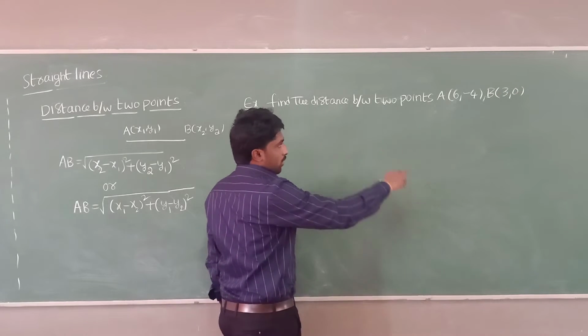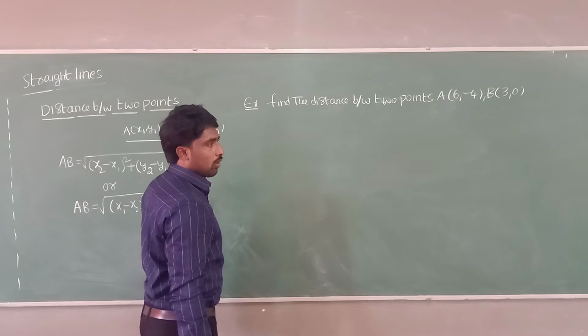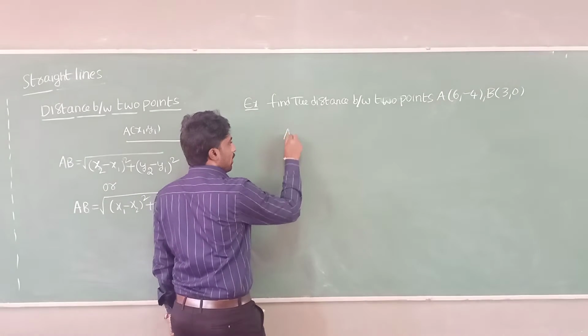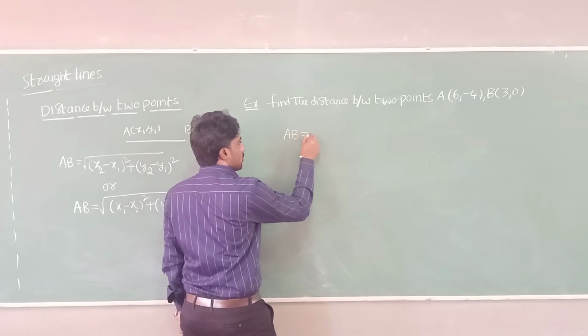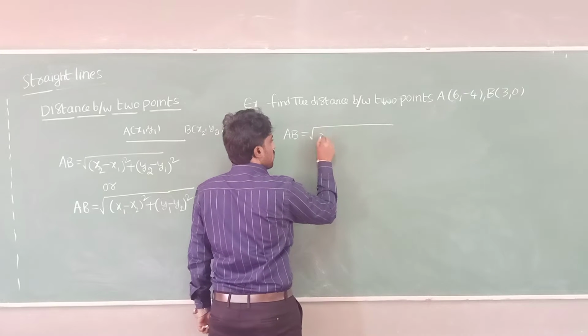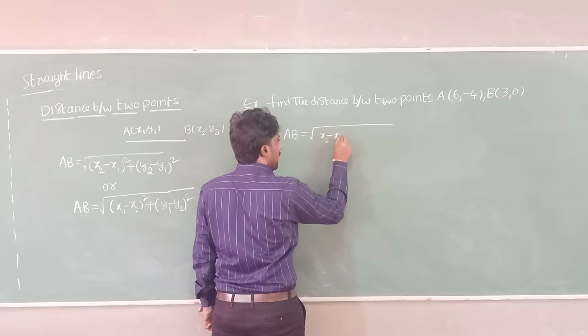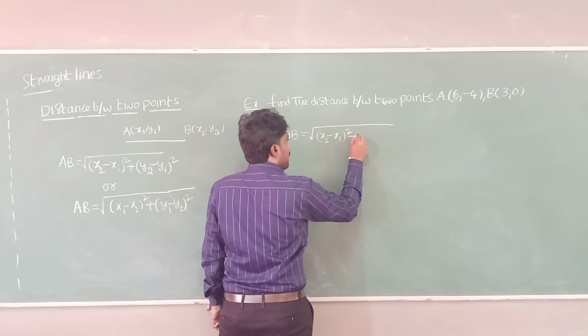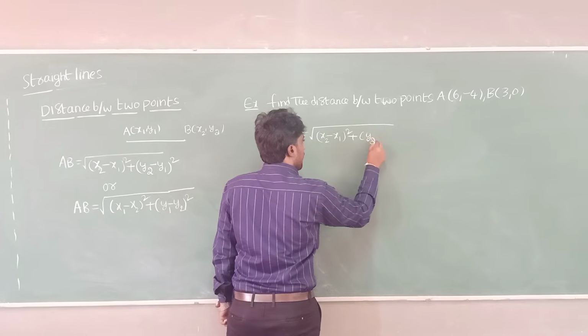Now they gave A and B points. So what is the distance between 2 points formula? AB equal to square root of x2 minus x1 whole square plus y2 minus y1 whole square.